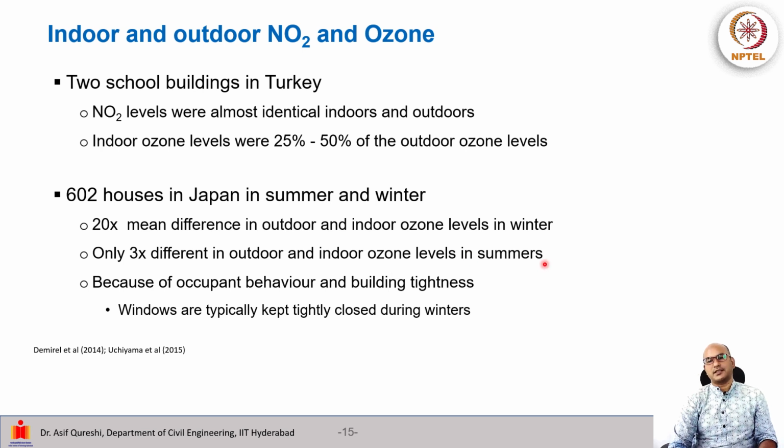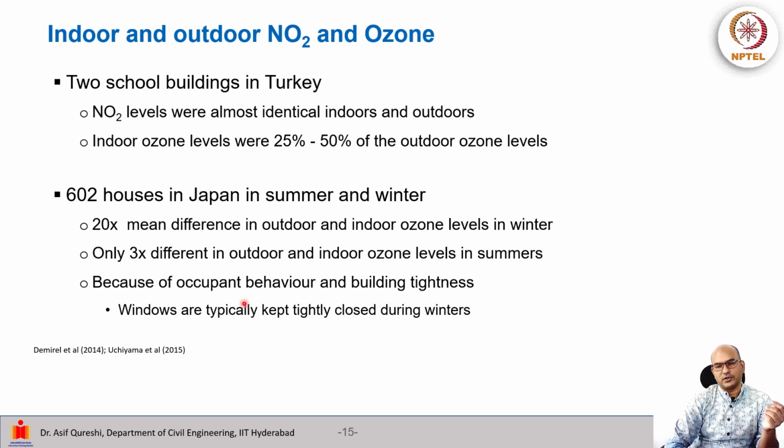But when we were talking about summers, in addition to infiltration, here we are also talking about perhaps some ventilation as well. There was only a 3 times difference in outdoor and indoor ozone levels, because the building was less airtight, so more ozone was coming in.